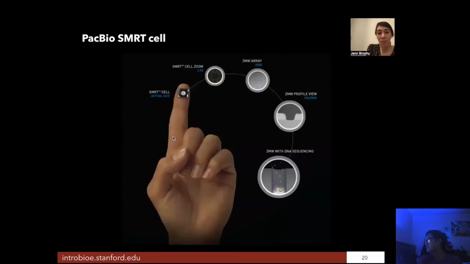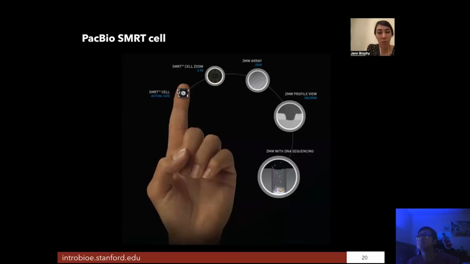So that's helpful. Here's the actual size of one of these SMRT cells. So what's in there? Well, you have this little micro well with the polymerase at the bottom. And then it's placed into this chip.